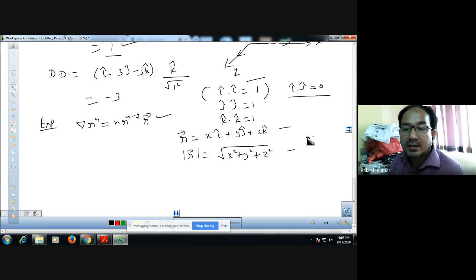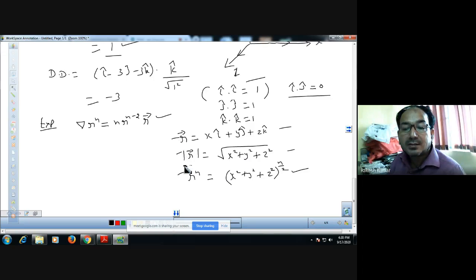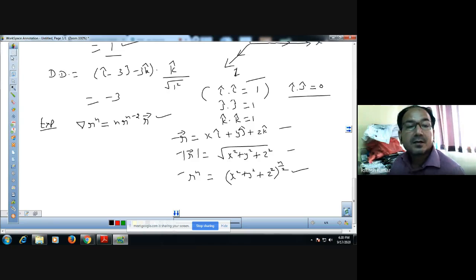These values will never change, and r modulus raised to power n will come out to be x square plus y square plus z square raised to power n by 2 by using this definition. So all these terms are standard terms. You can use them in any type of question whenever required.